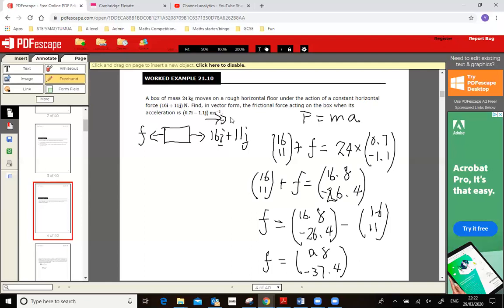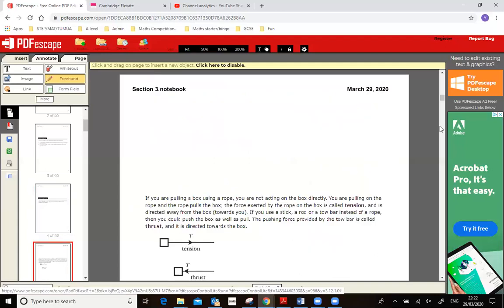So if you want to write in i, j form, little f will now equal 0.8i minus 37.4j. Okay, so let's move on.